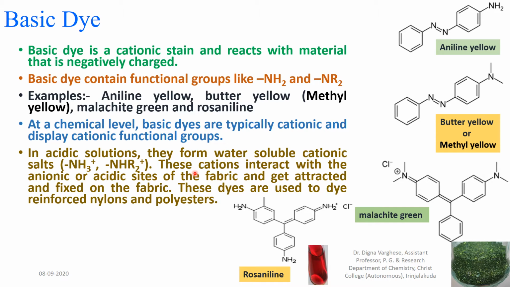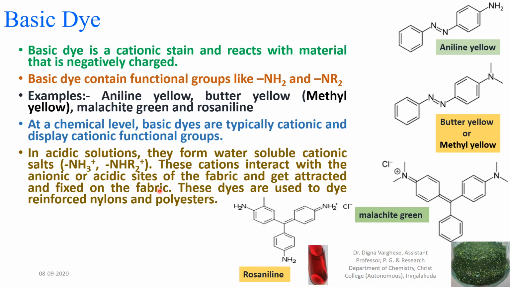In acidic solution, there is H plus, so it reacts with the compounds to form water-soluble cationic salts such as NH3 plus. If aniline yellow is dissolved in acidic solutions, it will be converted to NH3 plus. If butter yellow reacts with the acidic solutions, it will be converted to NHR2 plus. These cations interact with the anionic or acidic sites of the fabric and get attracted and fixed on the fabric.